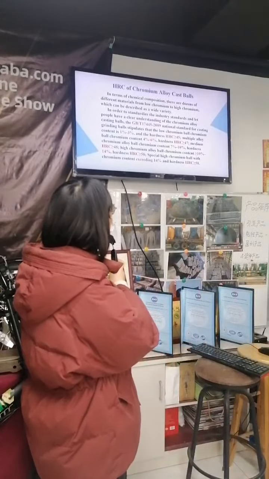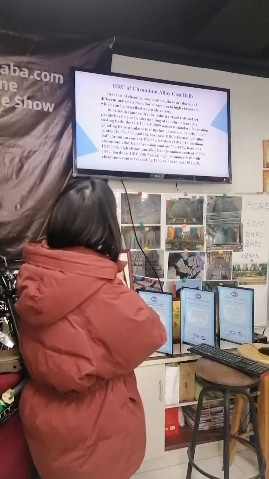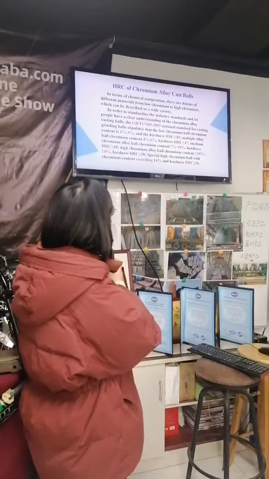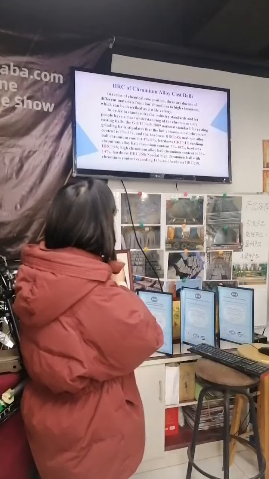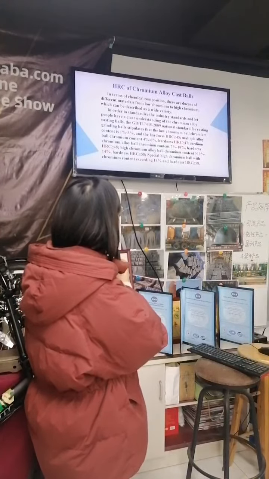In terms of chemical composition, there are dozens of different materials from low chromium to high chromium, which can be described as a wide variety.